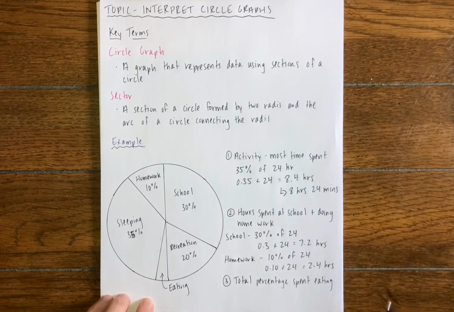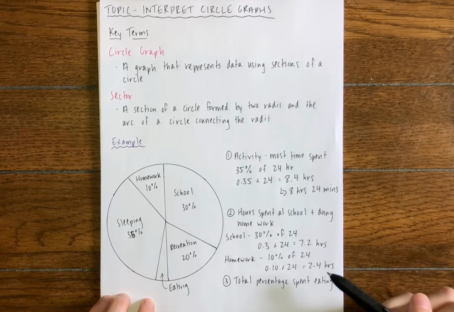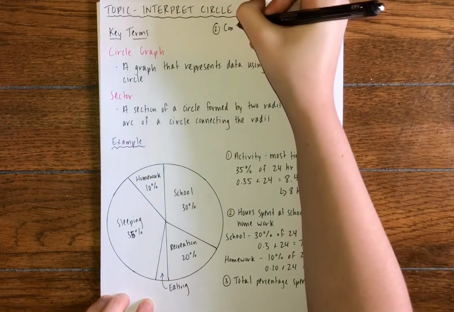Next, all you have to do is add up the hours for school and for homework. I'm running out of room, so I'm just going to do it up here. This is just going to be continued.